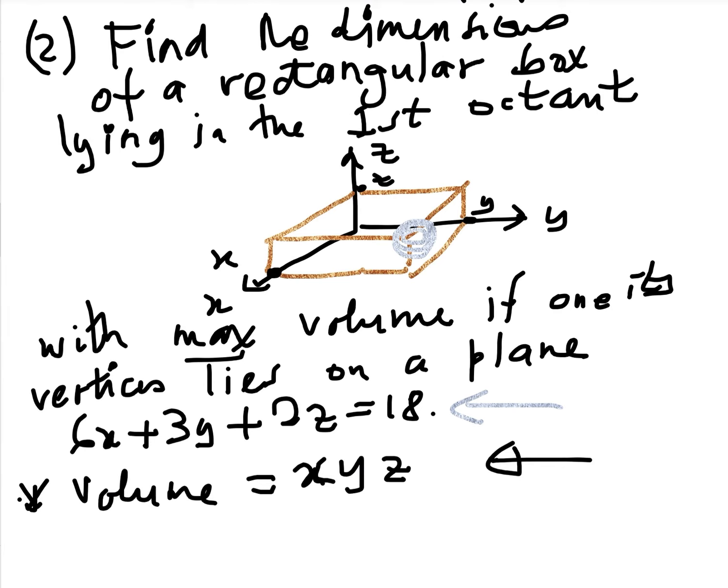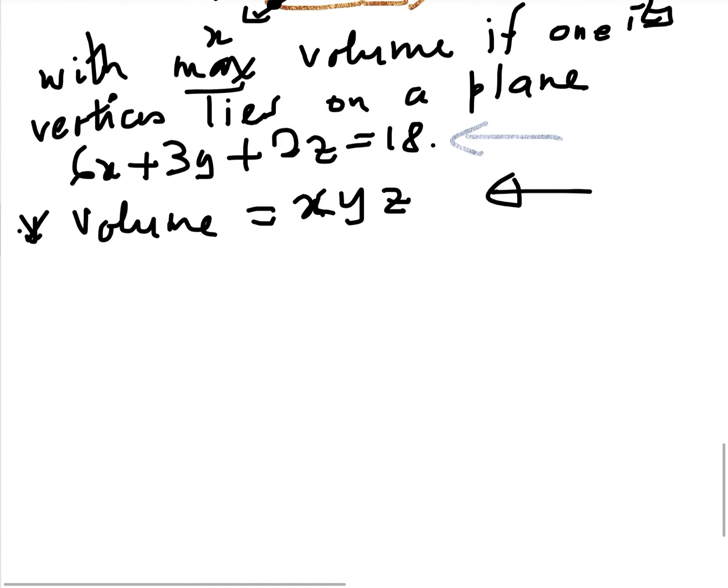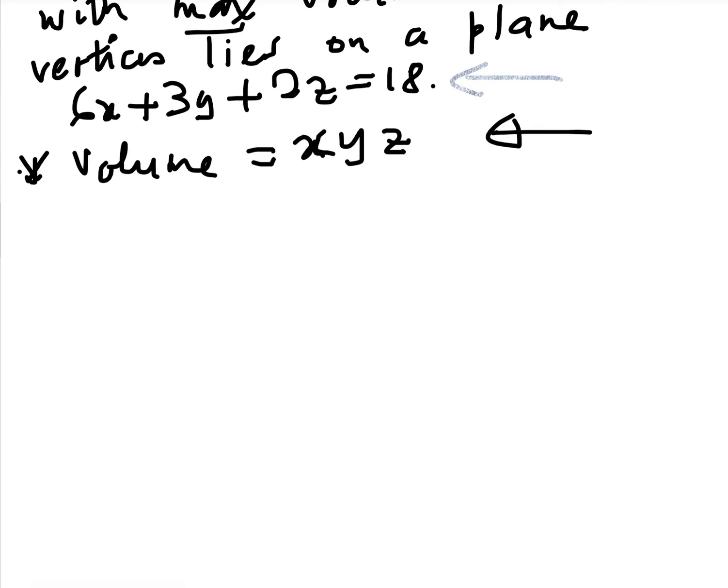To maximize this function, we need to rewrite it in terms of just two variables. So we need to replace x, y, or z. What we will do is replace the z. Since one of the points lies on a plane, we'll solve for z in this equation and substitute it into the formula for the volume.